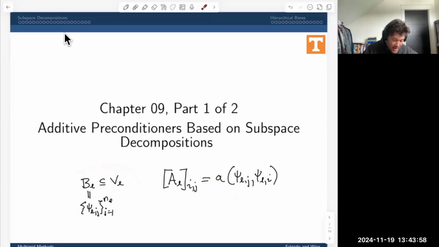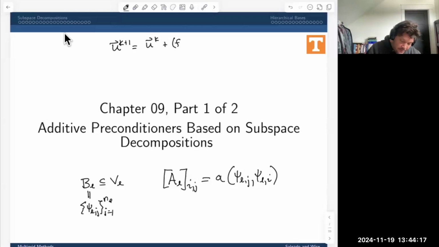Now, why do we talk about additive methods, and what are additive methods? Well, additive methods mean that we're going to write an iteration, which is something like this: U^(k+1) equals U^k plus, I think it's the residual, right?